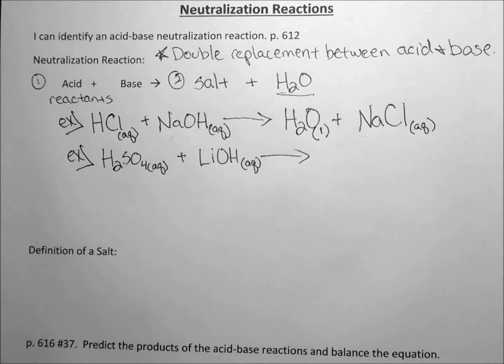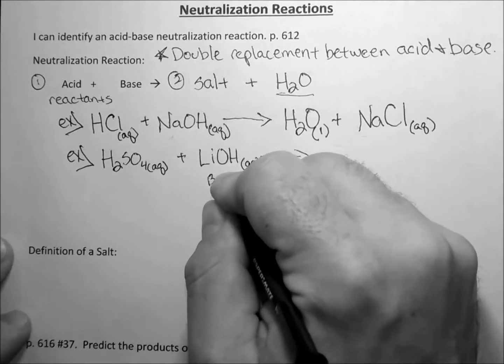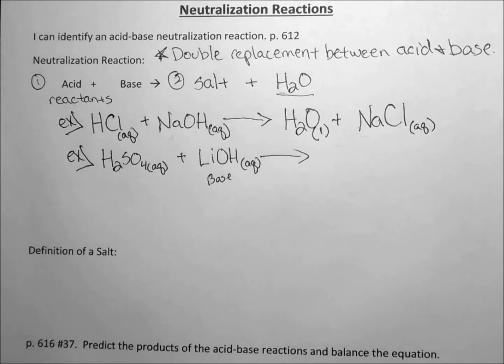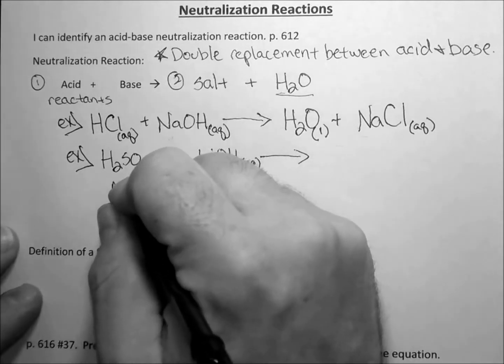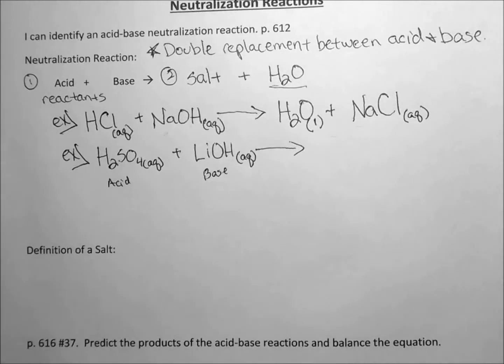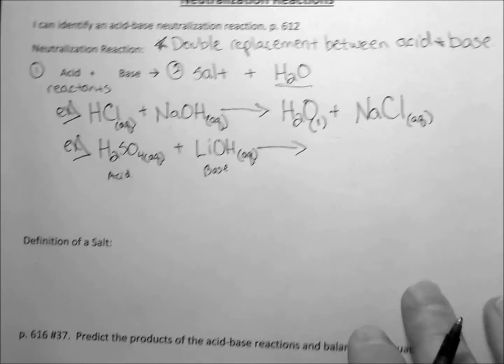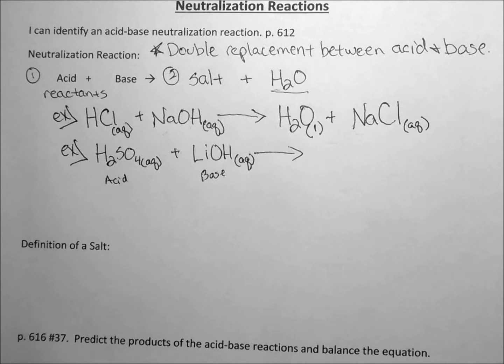How do you know that? What type of substance is it when it has OH? Okay, we have a base. And what else do we have up there? When you see that, you got to think it's going to be a neutralization.